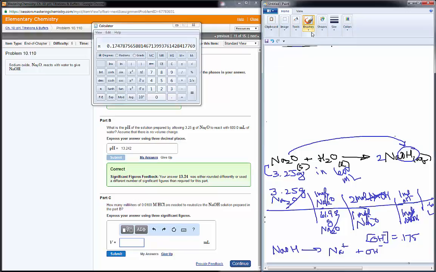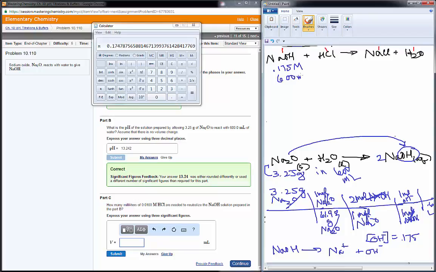We're going to have sodium hydroxide reacting with HCl to form NaCl plus H2O. And if I balance this, hopefully you'll see 1 sodium, 1 sodium, 1 chlorine, 1 chlorine, 2 hydrogens, 1 oxygen. So it's balanced. So 1 mole of this reacts with 1 mole of that to make 1 mole of that, 1 mole of that. So that's nice. And we just calculated that I've got a 0.175 molar solution here.